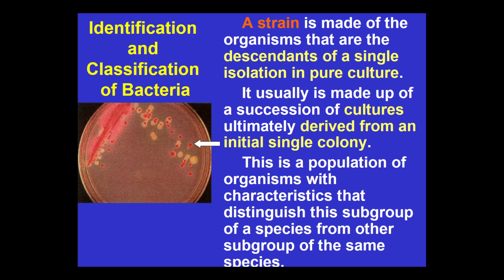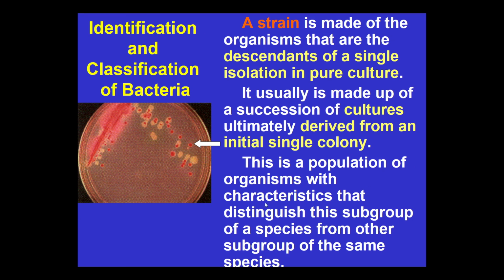And then we also may divide the species of bacteria into strains. What is a strain? A strain is made up of the organisms that are descendants of one single isolation in pure culture. Usually it originates from one single well-separated pure colony.